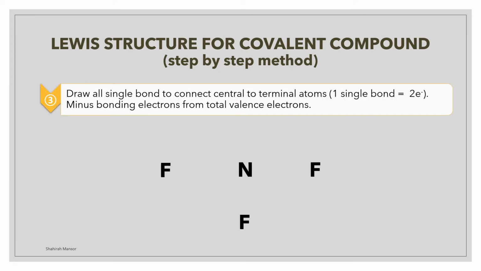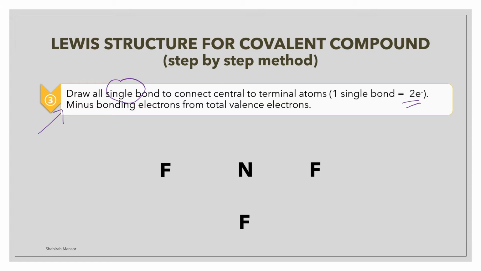In step 3, draw all single bond to connect between terminal and central atoms. So one single bond consists of 2 electrons, and please remember to minus the bonding electrons from total valence electrons.